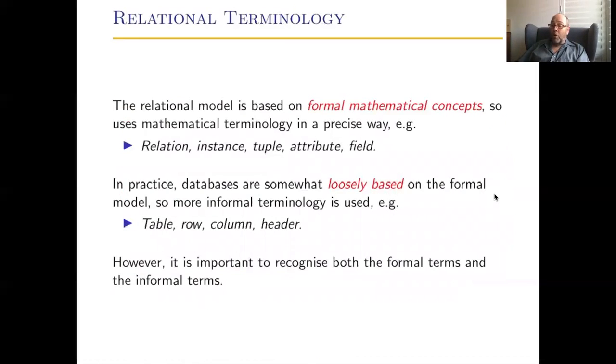Okay, there's a lot of terminology in relational databases. The relational model is based on formal mathematical concepts, and so it uses mathematical terminology in a very precise way. So we see the words like relation, instance, tuple, attribute, and things of that nature. Databases are more loosely based on the formal model, and so we tend to use more informal terminology like table, row, column, header, and that sort of thing.